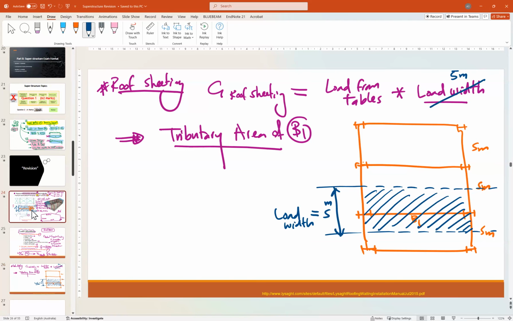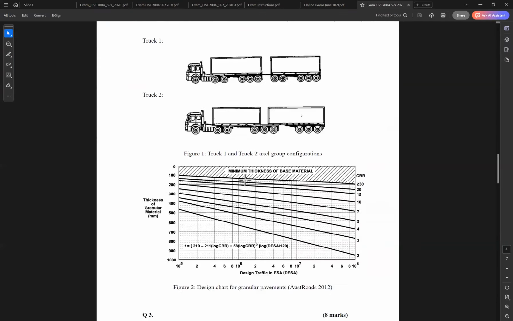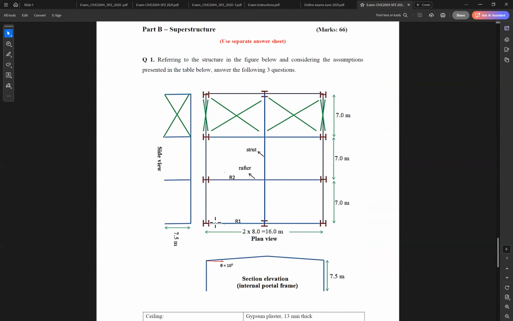How do we know what is B1? B1 will be given to you. This is the rafter, so design for the rafter B1. It should be written to you here. So any of them is B1. If you look at the test again, for example, he asked here to design R2 or B2, whatever the name, it will be given to you.